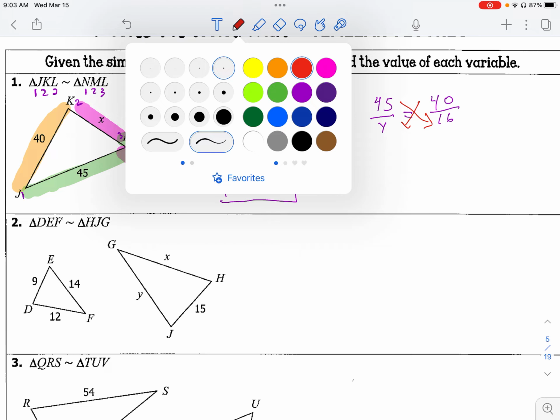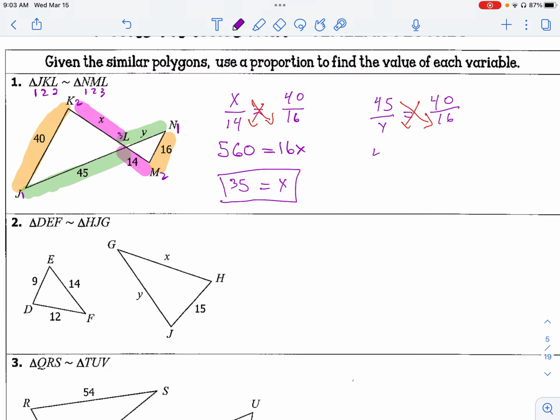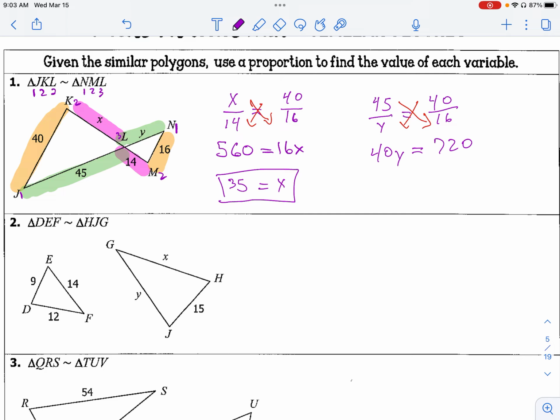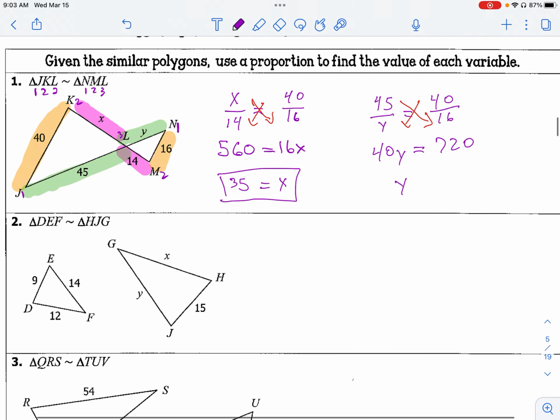Going to cross multiply, and we're going to get 40 times Y equals 45 times 16, which is 720. Divide both sides by 40, and Y is going to be 18.